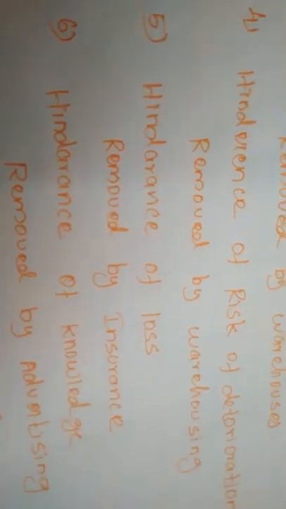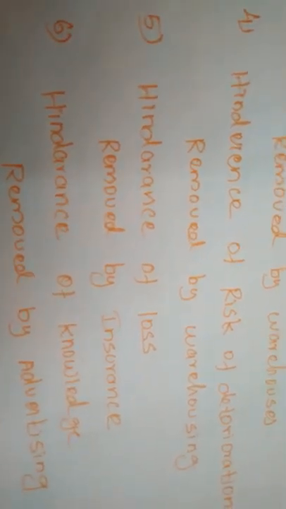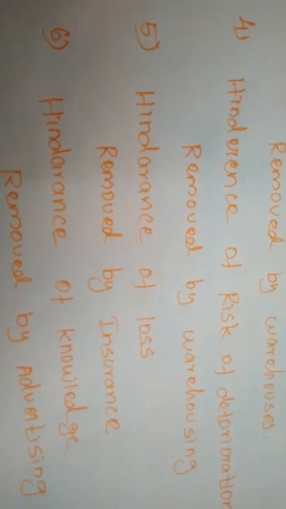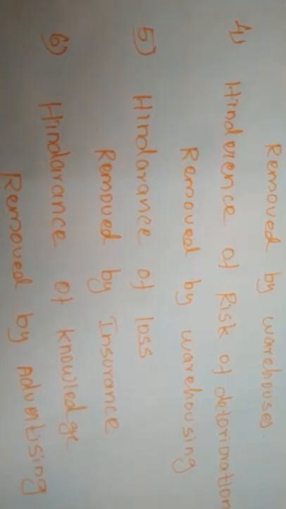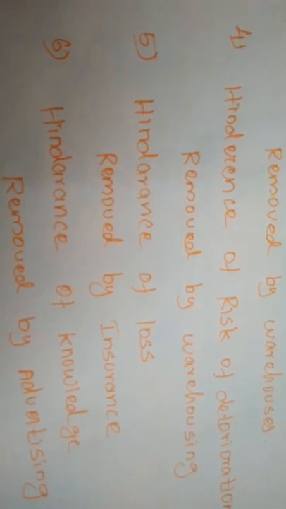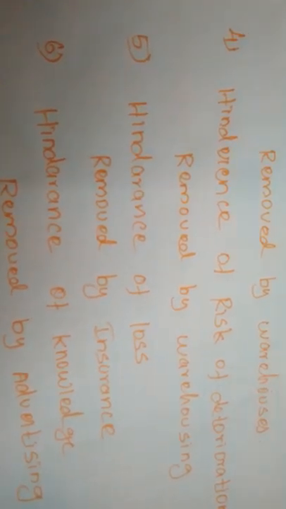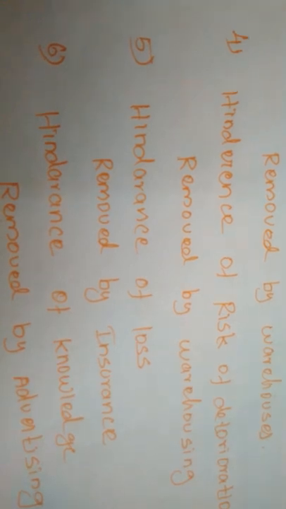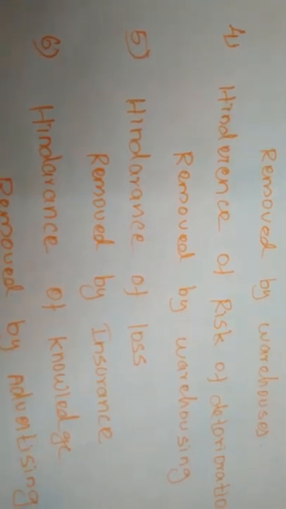So if the producers meet any loss from fire, theft, floods and accidents, it is called hindrance of loss. But the hindrance of loss is removed by insurance companies.